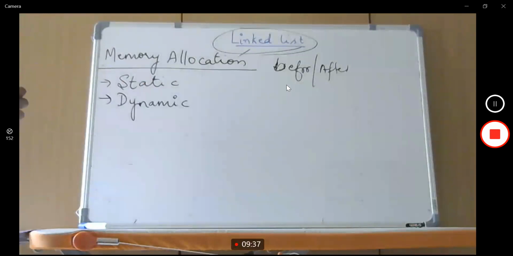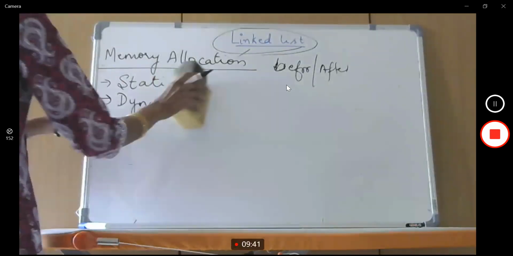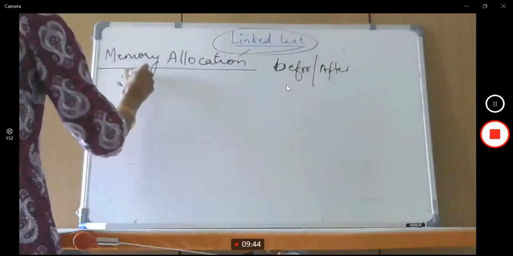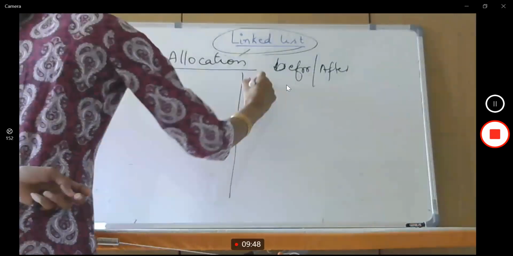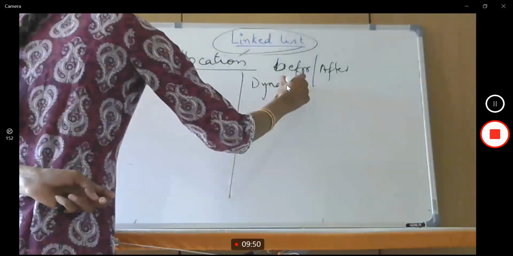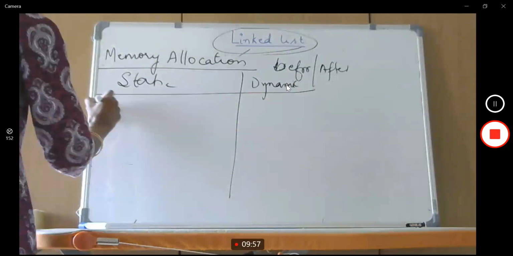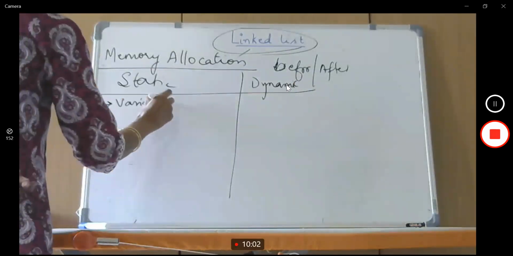Now, what is static and what is dynamic? What is the difference between static memory allocation and dynamic memory allocation? In static, variables will get allocated permanently.